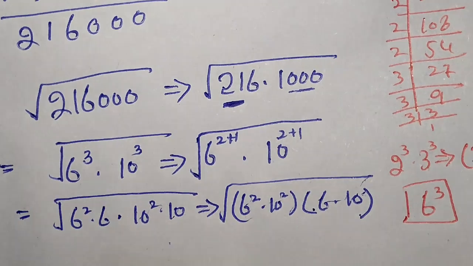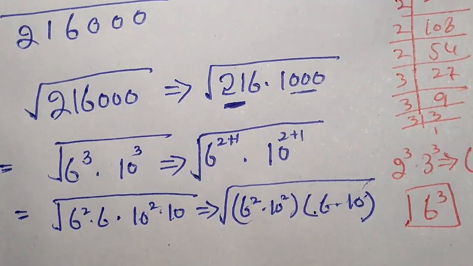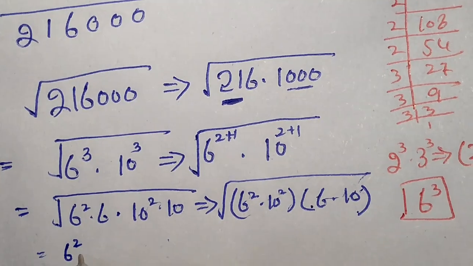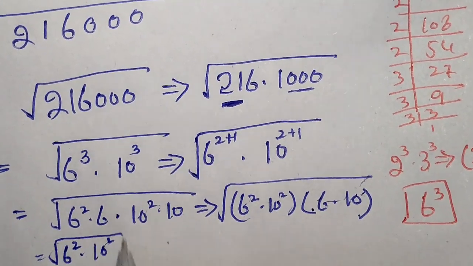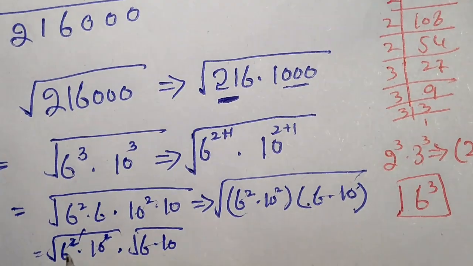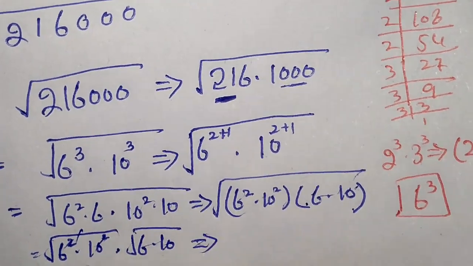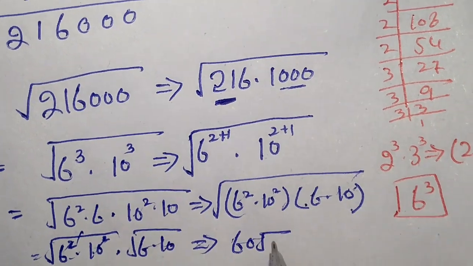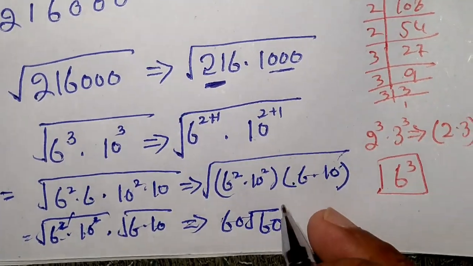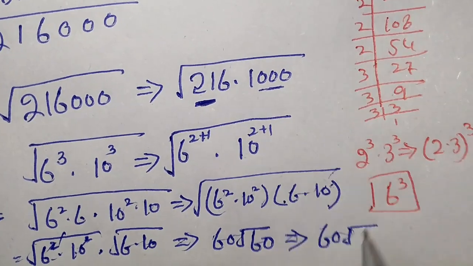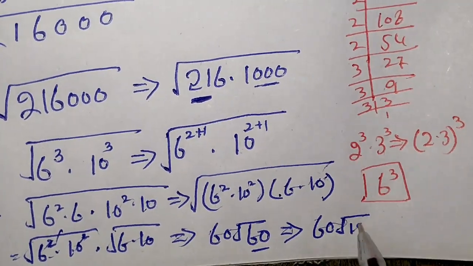Now in the next step, this can also be written as square root of 6 to the power of 2 times 10 to the power of 2, times square root of 6 times 10. Now the square root and the squares cancel, so this will become 6 times 10, which is equal to 60, times square root of 6 times 10, which is 60. Finally, this will become 60 times square root of 15 times 4.